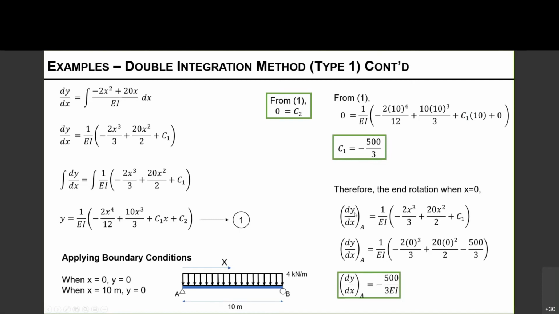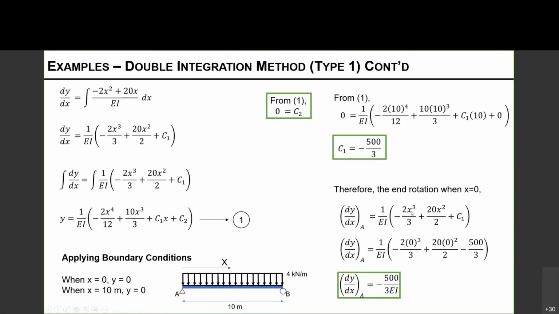So dy over dx at A is when x equals 0, right? So if I substitute x equals 0, then I will be able to get the rotation or the slope at A. Because when x equals 0, that is where I am on top of this support A.